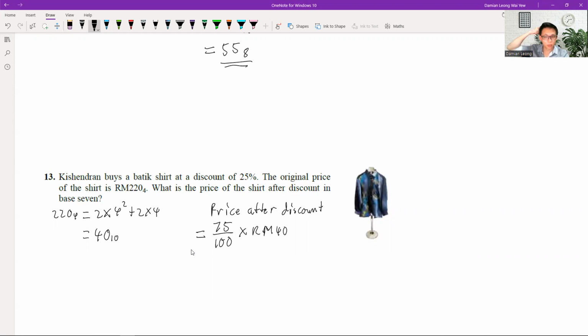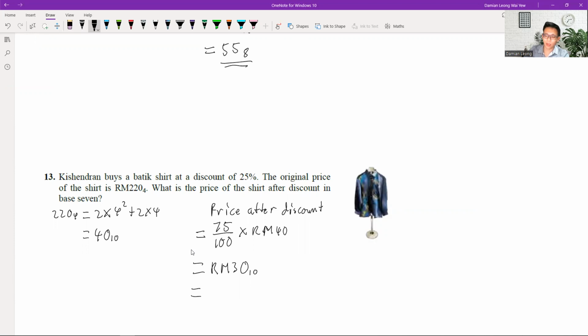Okay, because a discount of 25% means 25% you don't need to pay. Means you have to pay the remaining 75%. So 75% of 40 ringgit is basically 30 ringgit, but this is base 10.